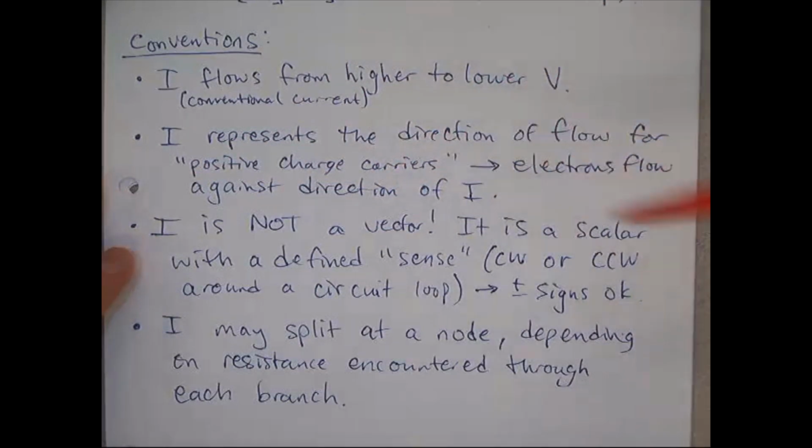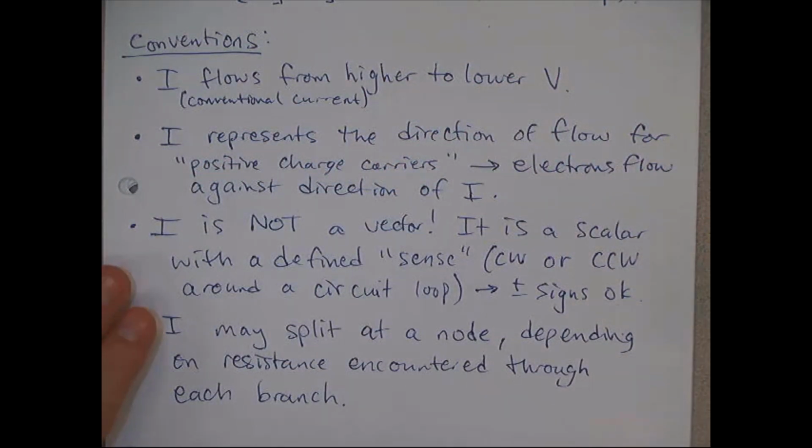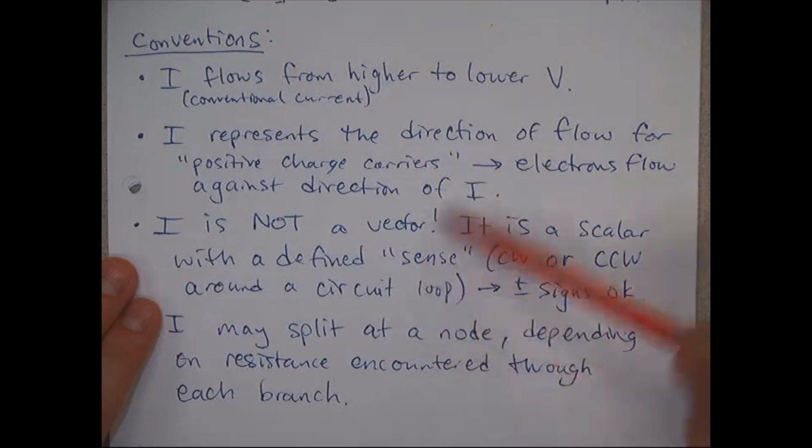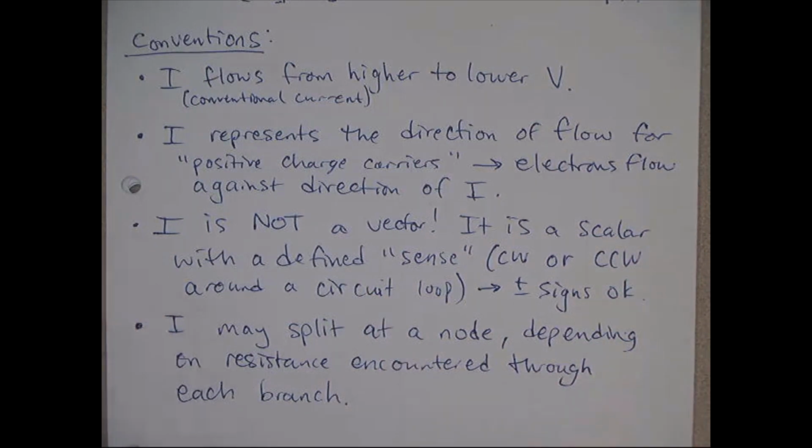Current is not a vector. It is a scalar with a defined sense, right? If we have a circuit loop, we'll define whether the current is flowing clockwise or counterclockwise around any given circuit loop. Plus or minus signs will be okay.